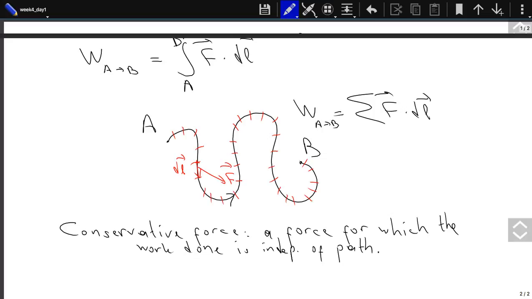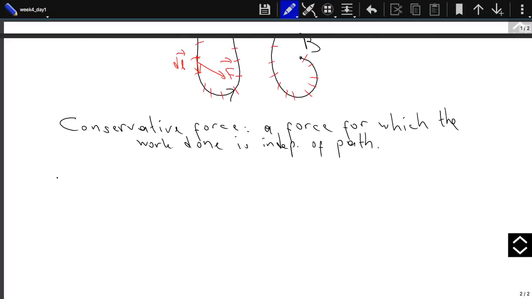Then if I move the book back to the initial point, gravity is downward, dL is downward, so the work done by gravity is 0. That is one path from this point to this point. Or I can just hold it at the same point. Again, these are two different trajectories with the same initial and final points, and both of them have the same work. And you can actually show that for a constant force, it is always true.